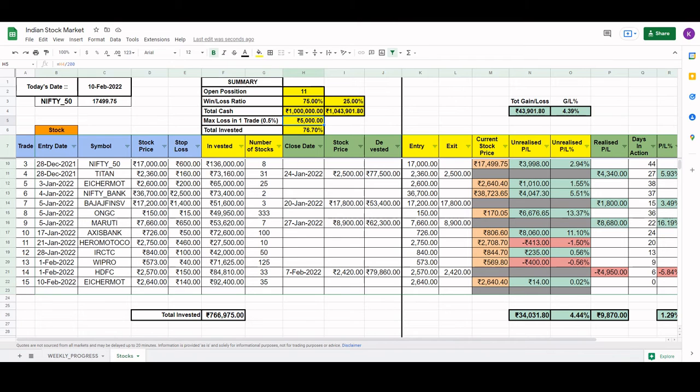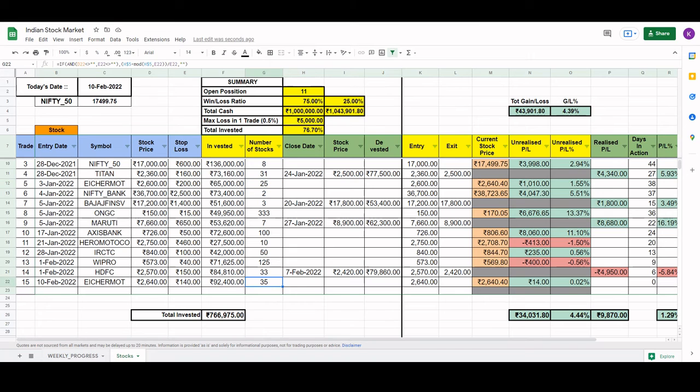But since we already had 25 stocks in trade, we don't want to lose much. Here it's 140, and for the earlier trade it's going to be 100, so we may not lose 5000 rupees. Here we'll be losing 2500 if it goes down, because we moved the stop loss. So here we have a maximum of 2500 rupees.